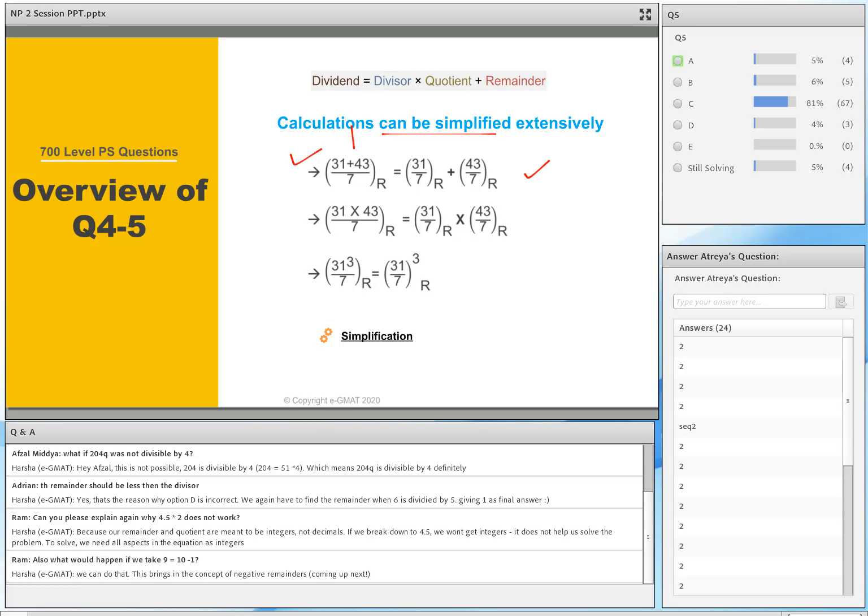If the initial sign is addition, then you need to add the 2 numbers. If the initial sign is a product, then you need to multiply the 2 numbers. If you have a power, again, very, very important, guys, please keep this in mind: you first calculate the individual remainder, then bring in the power for that question, right?